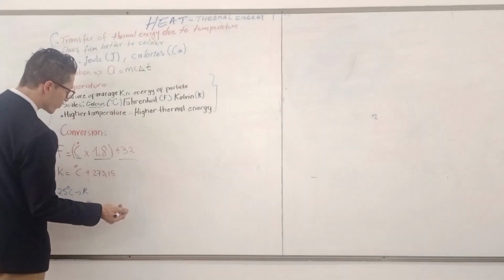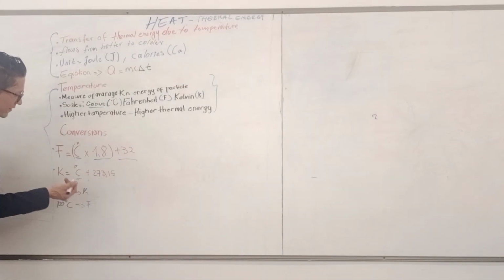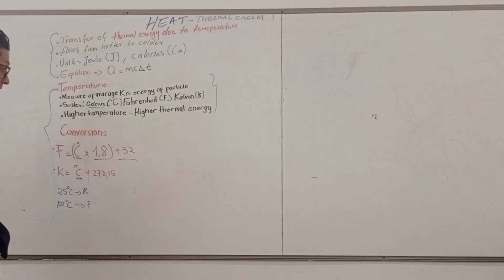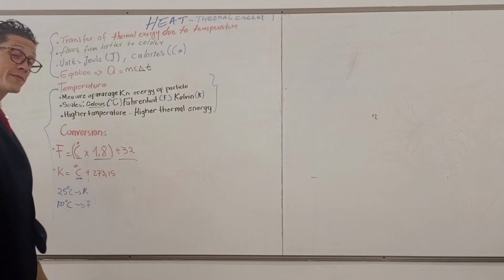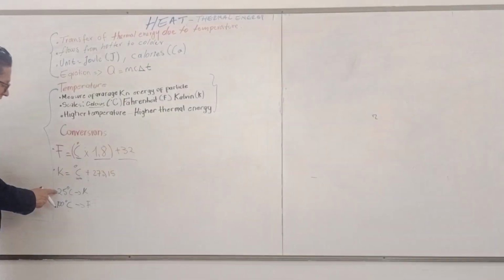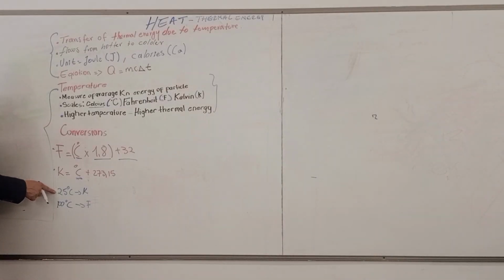And this is another constant. The equation is saying that Celsius plus 273.15 is equal to Kelvin. Then I am requesting you to convert from 25 Celsius to Kelvin.